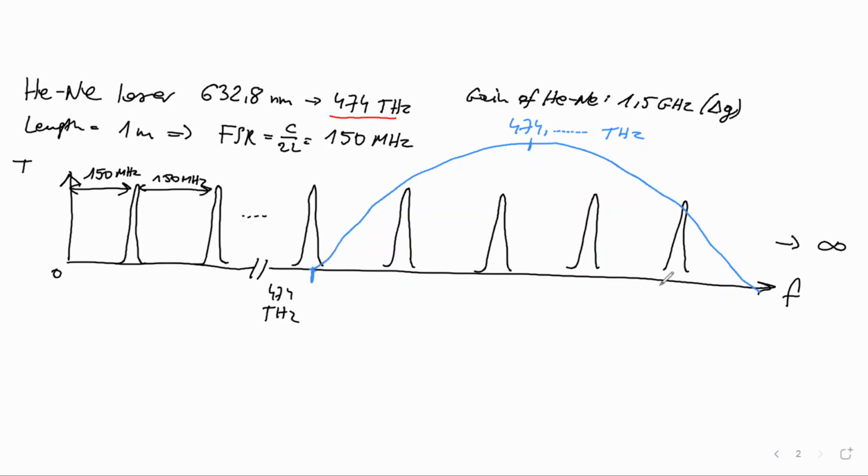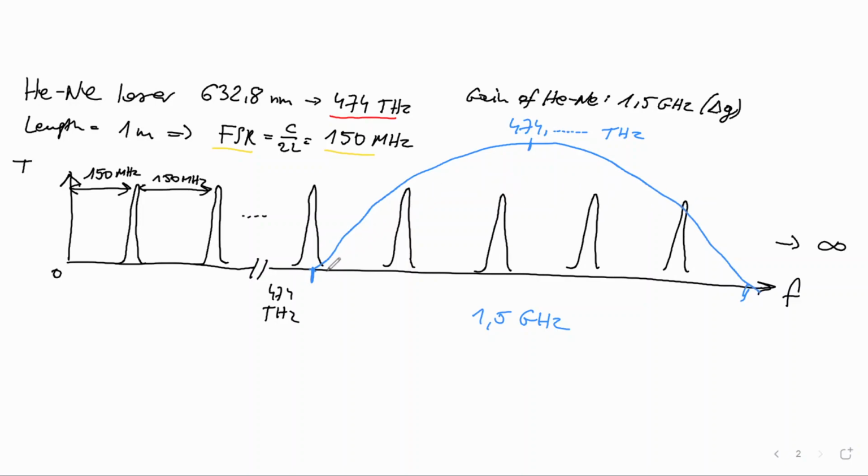And the width here is around 1.5 gigahertz. So if the mode spacing of the laser, so the FSR here, is at the level of, let's say, 150 megahertz, then there will be many modes under the gain curve.